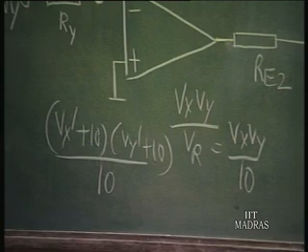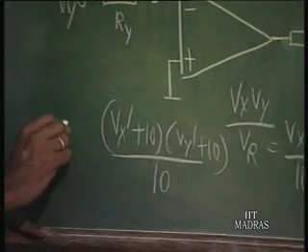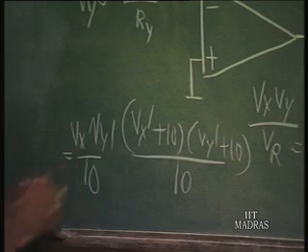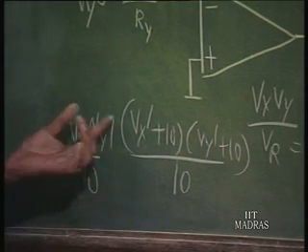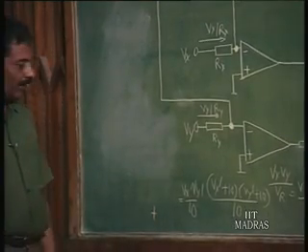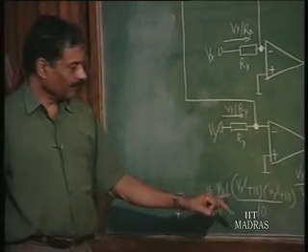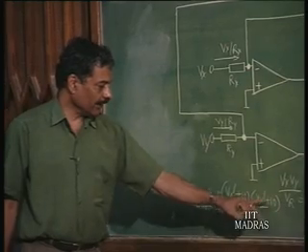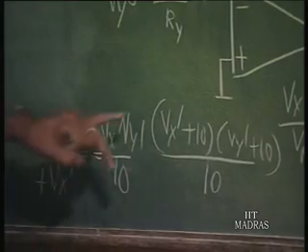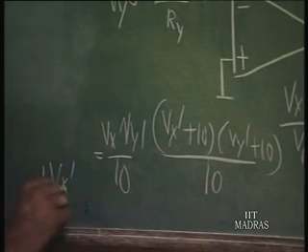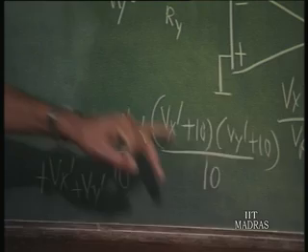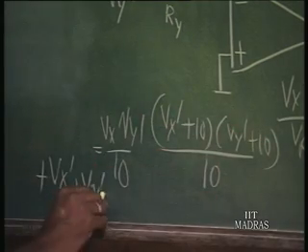So, this is going to be equal to Vx dash Vy dash by 10, which is what we want here, plus now you will have error components: Vx dash into 10 by 10, that means this will have Vx dash along with it, then Vy dash into 10 by 10, that is plus Vy dash, plus 10 into 10 by 10, that is the offset.